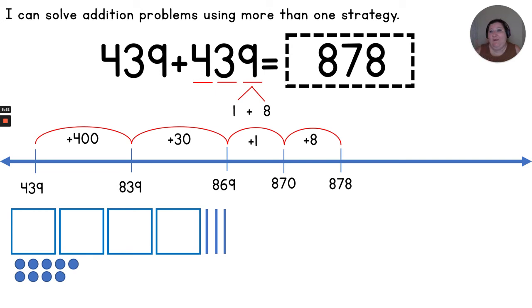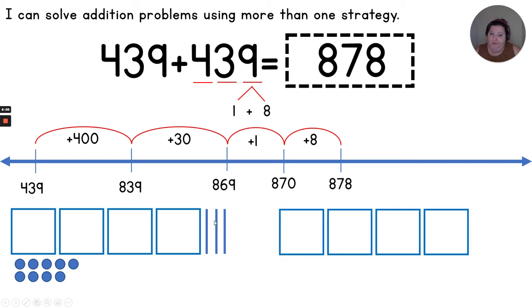I have to double that because I'm adding 439 to this. So let's double it. 100, 200, 300, 400. 10, 20, 30. 1, 2, 3, 4, 5, 6, 7, 8, 9.